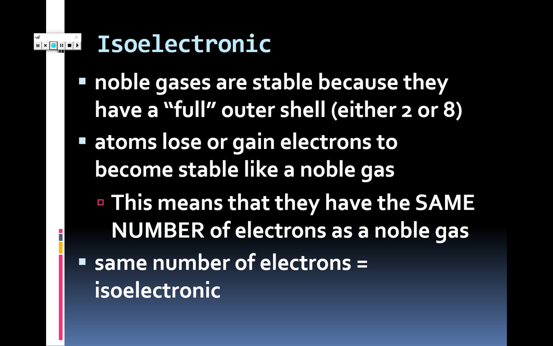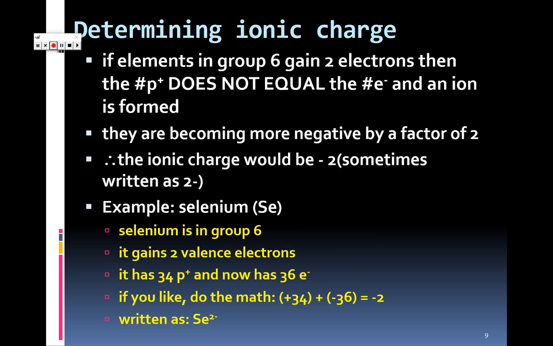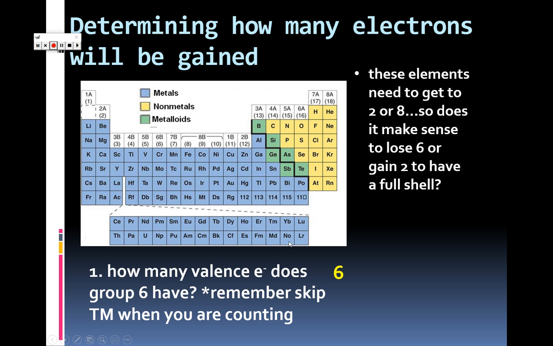One of the questions gives you a list of ions and asks which has the same number of electrons as a noble gas, and some of them can be the same. So let's say potassium loses 1 electron.